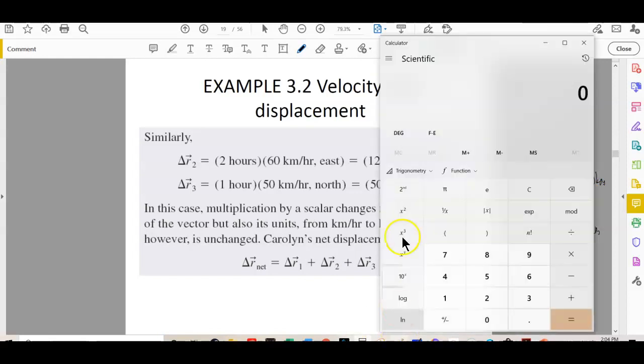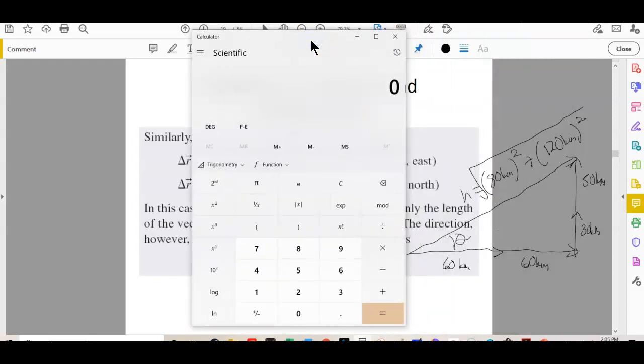I'm going to pop up my little calculator here and go 120 times 120 equals 14,400, plus 80 times 80, that's 80 squared, is 6,400, and then I'm going to take the square root of this. So I'm going to take the square root of that.